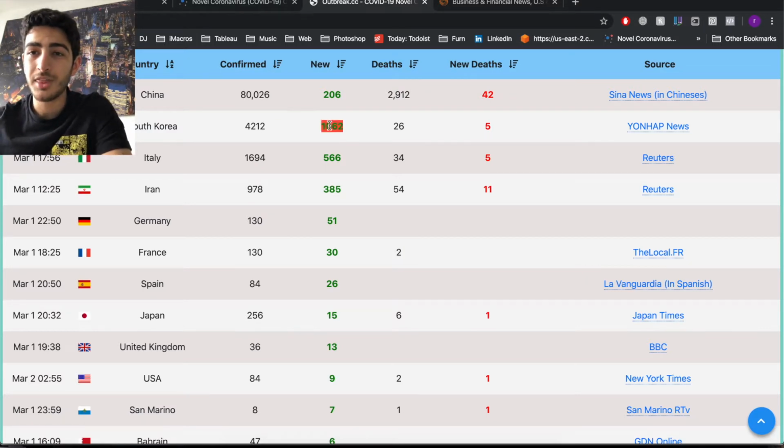But South Korea, 1,062 from the last time this site updated. That's a big jump. But they're taking drastic measures to stop this, but it doesn't seem to be working too well. What's also important is the number of deaths are lower than the number of recovered, but that's not included in this data set. And I won't be talking about that today, probably tomorrow or something like that.